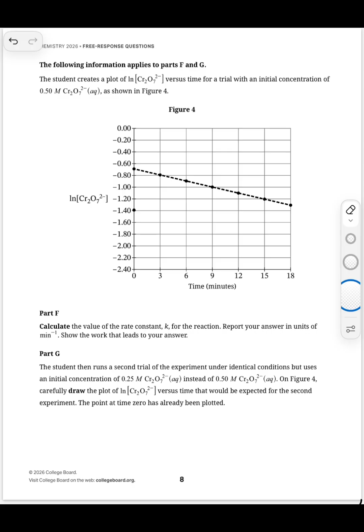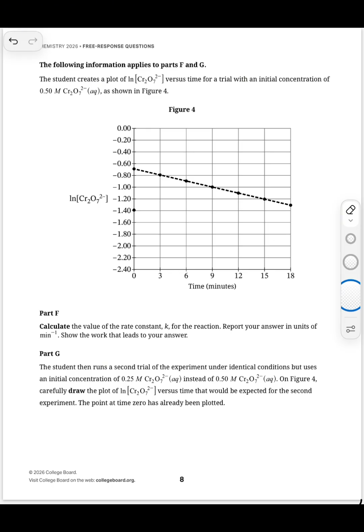For part G, the student then runs a second trial of the experiment under identical conditions. However, they use a different initial concentration, which is 0.25 molar. In Figure 4, which is the graph we were just looking at, they want us to draw the plotted points of the natural log versus time based on the new initial concentration.